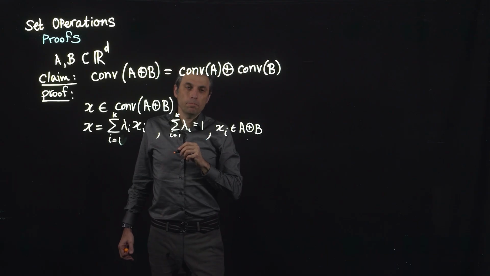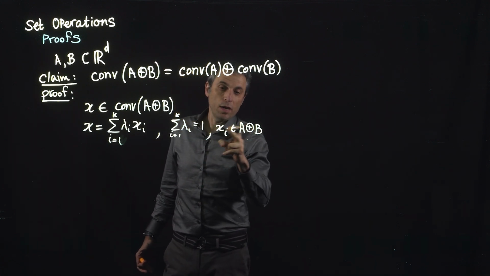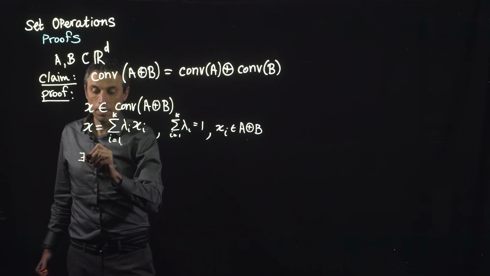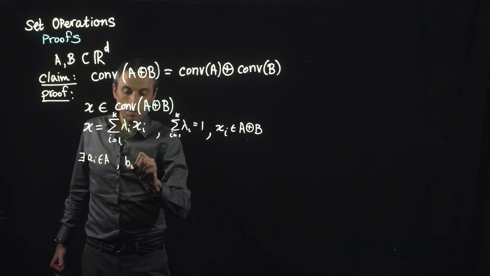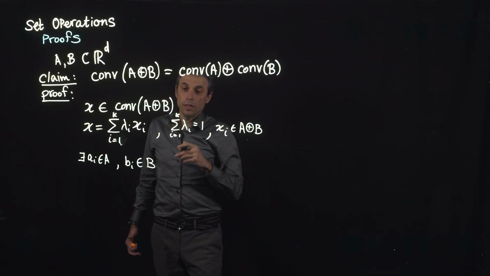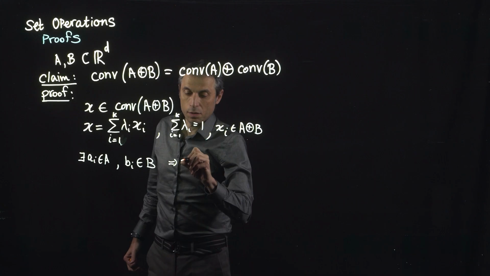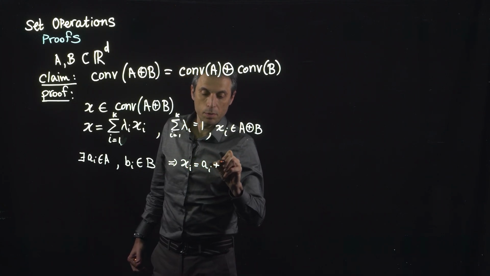If this is the case, what we can do is take every x_i, it's in A plus B, so there exist a_i in A, b_i in B, such that x_i is equal to a_i plus b_i.